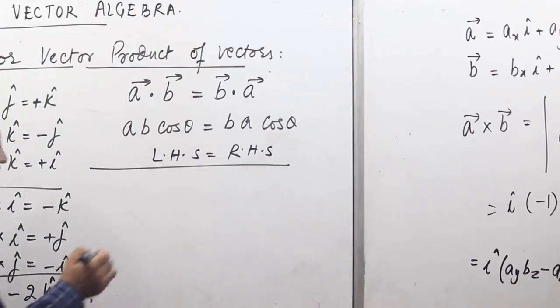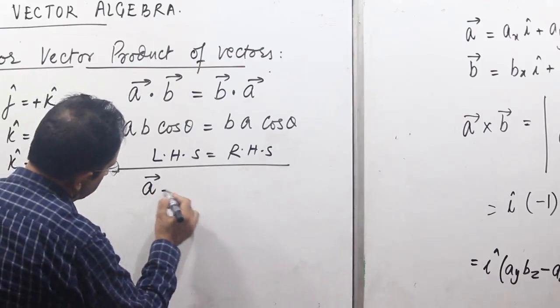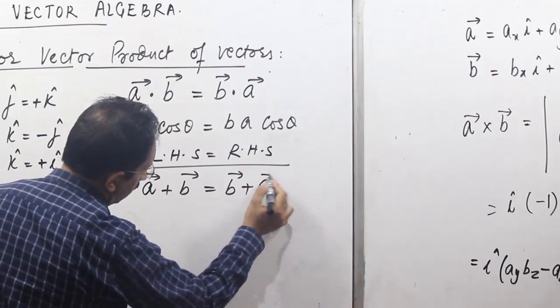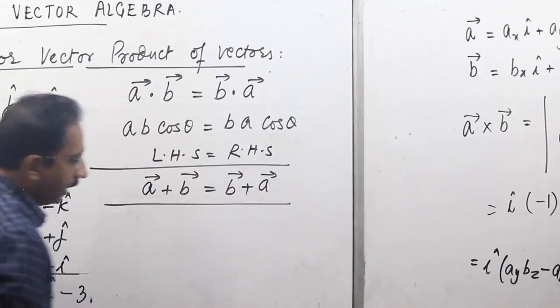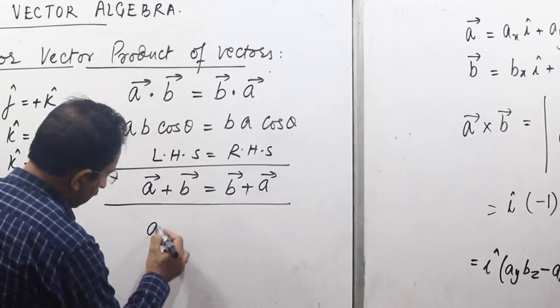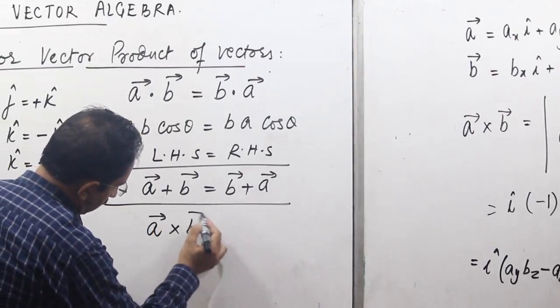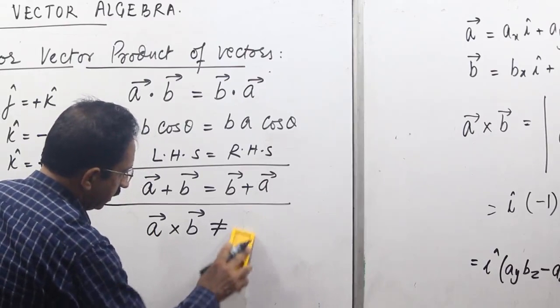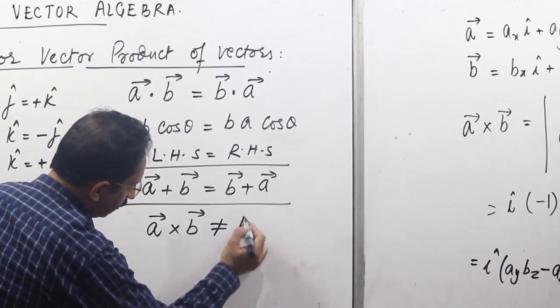This commutative property is also held by the addition of two vectors: A plus B is always equal to B plus A. And this property does not hold true in case of A cross B, because if I take A cross B, it is not equal to B cross A. This is the breakdown of the commutative property.